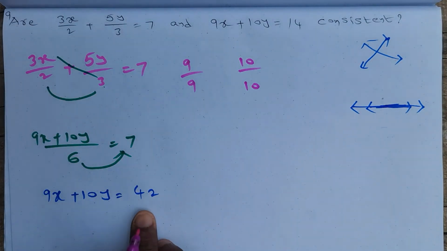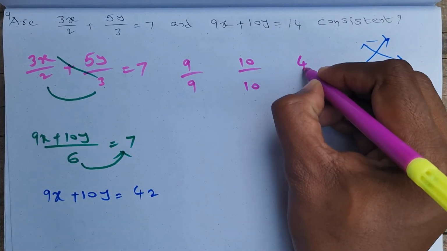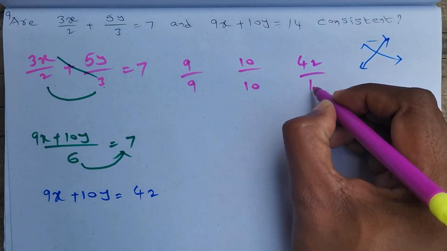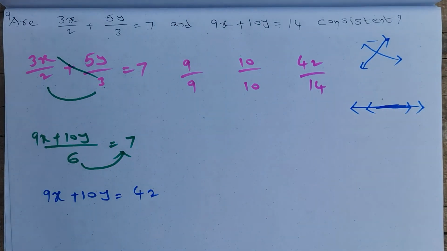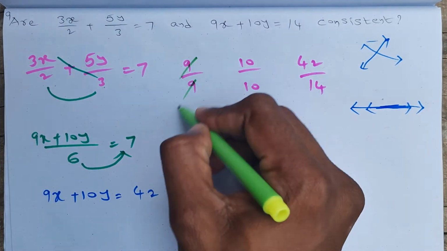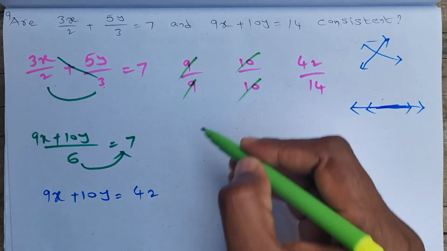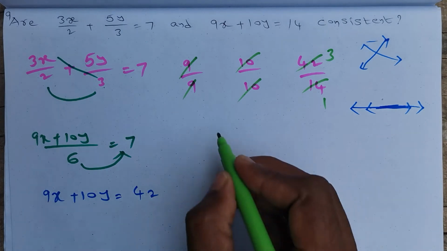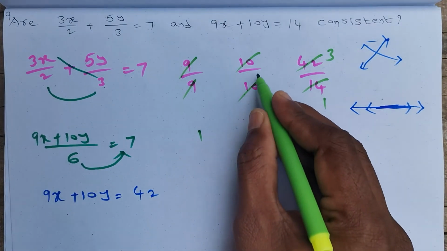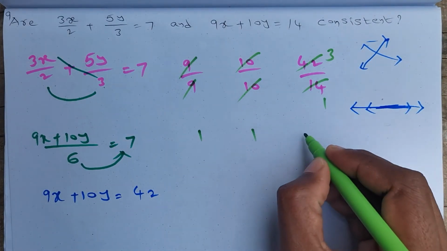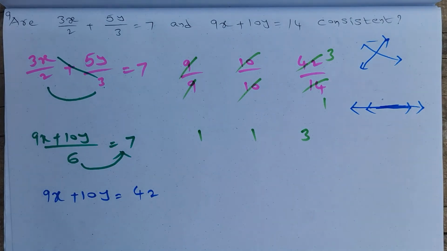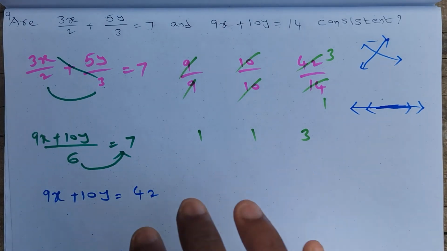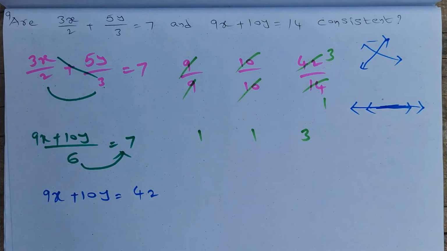Here the constant is 42, here the constant is 14. Here 9 cancels, 10 cancels. 14 ones are 14, 14 threes are 42. So what did we get? Here 9 cancel means 1. Here 10 cancel means 1. Here 3 by 1, nothing but 3. Now 1, 1, 3.